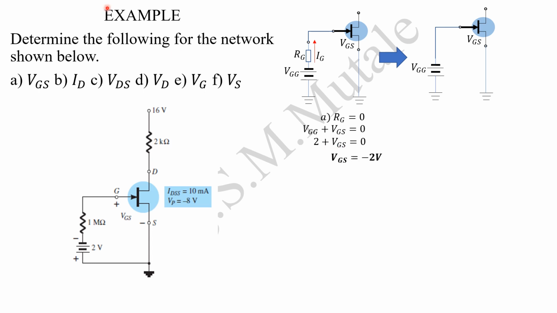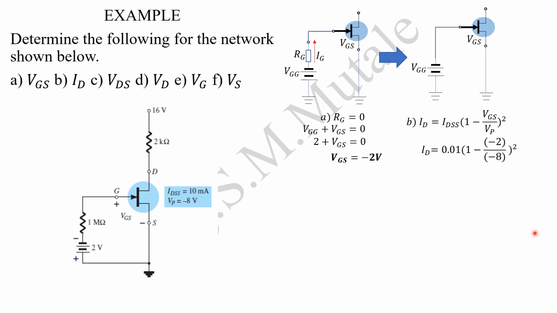Then we go to ID. ID comes from the previous equation I showed you. VP has been given in the question as negative 8, and IDSS is given as 10 milliamps, which is the same as 0.01 amps. The other voltages are given there.